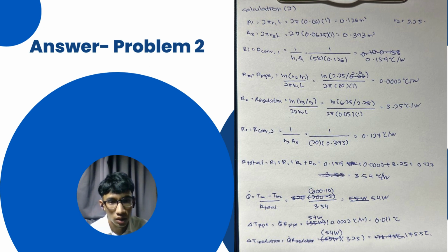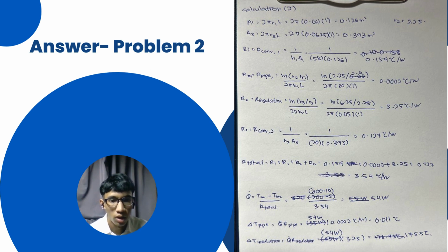For the calculation in question 2, the difference is at A3. We use R3 equal to diameter 2 divided by 2, and then we add 4 because the insulation is 4 cm, not 2. For R2, R insulation, the result will be a little different because we use the new R3. Ro is also the same, but the result becomes a little different because of the insulation at A3.